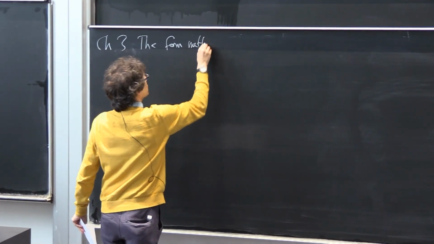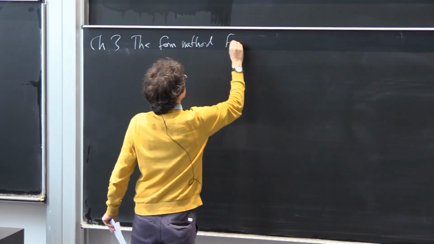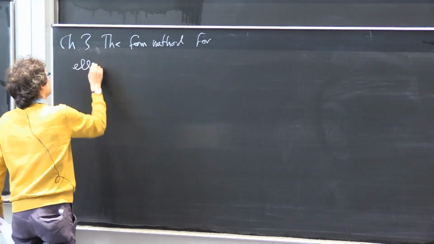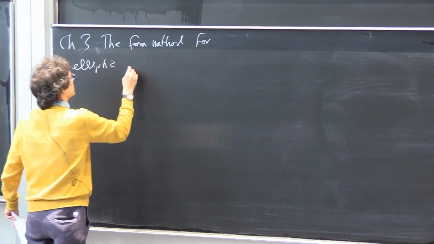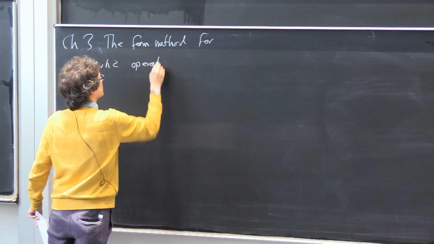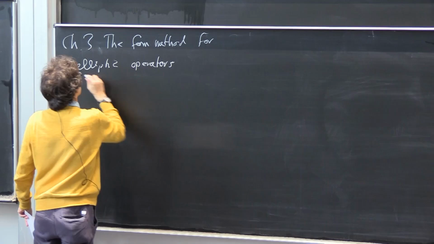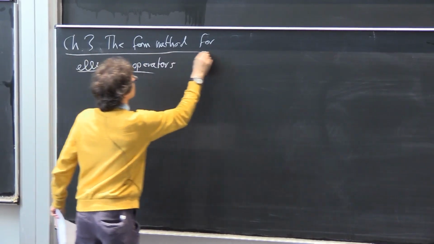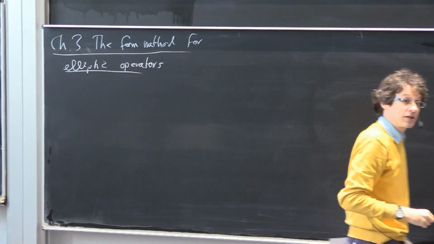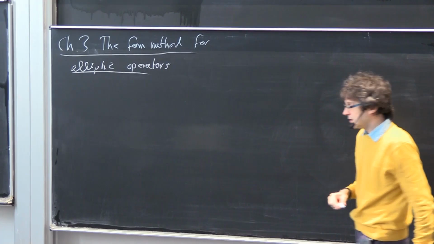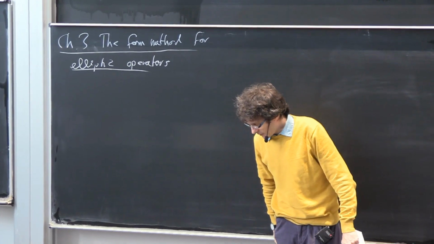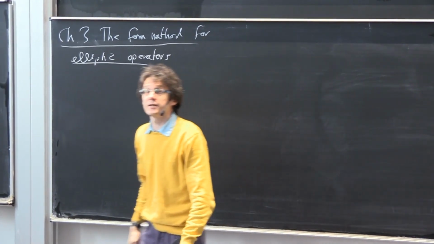We want to apply the method of defining operators by forms that we introduced in chapter 2 to a specific, rather large class of differential operators of second order, which are elliptic operators.